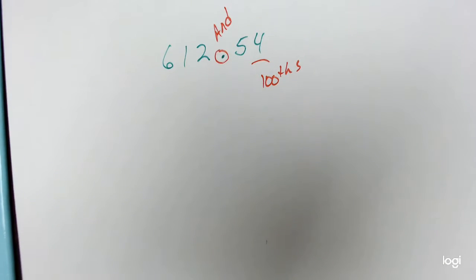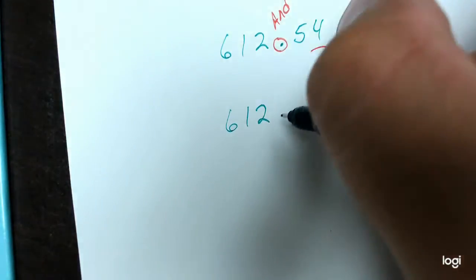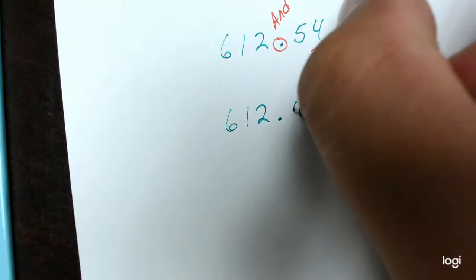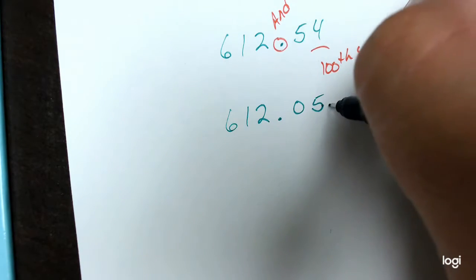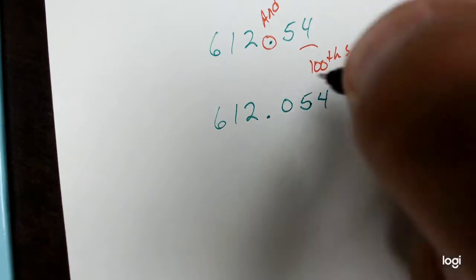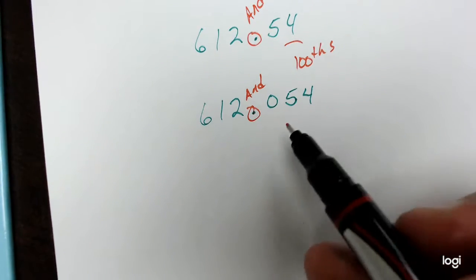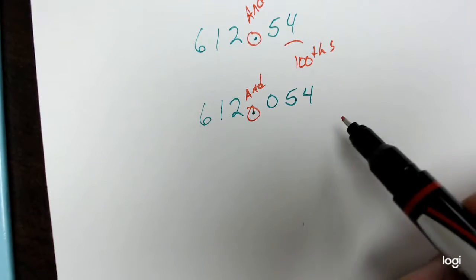Right? Now let's see ways that this can change. What if I have the following number? Let's say we have 612 and 054. How does that change the number? Well, we do know that this is and, right? So we have 612 and. Now what about the 0? Do I read 054?